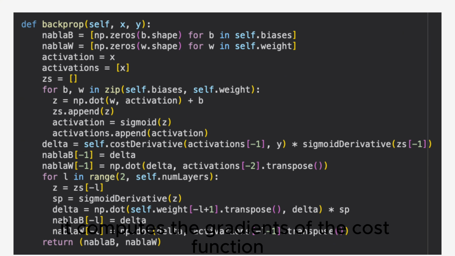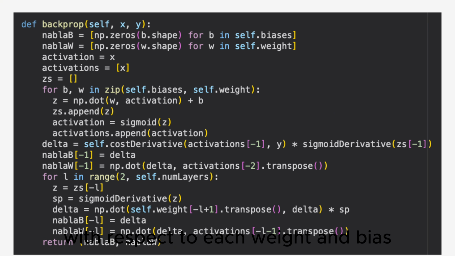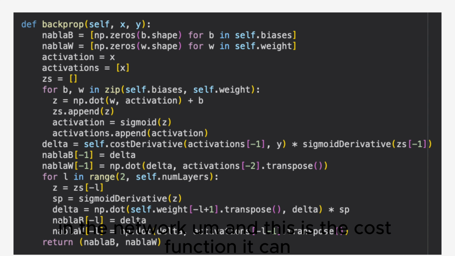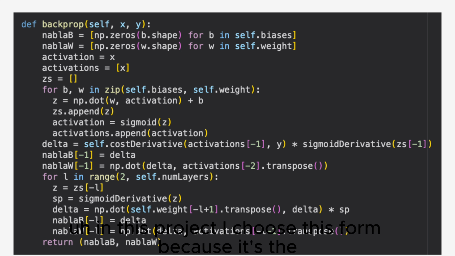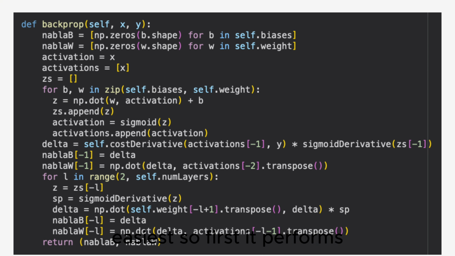It computes the gradients of the cost function with respect to each weight and bias in the network. And this is the cost function. It can be expressed in many forms, but in this project, I choose this form because it's the easiest.